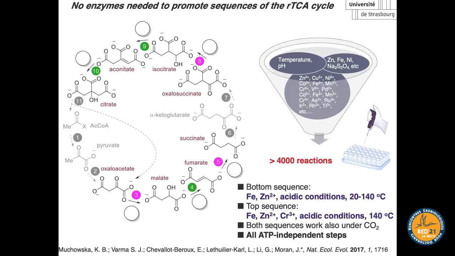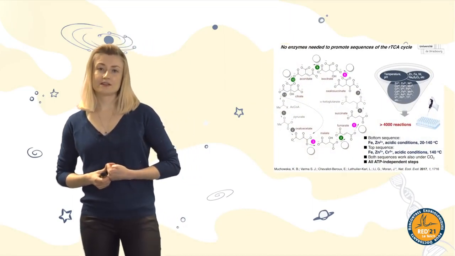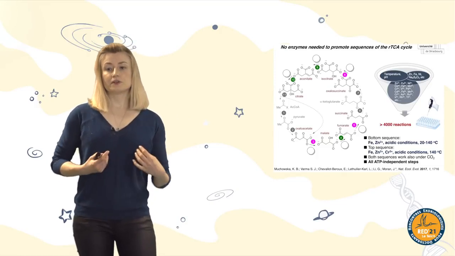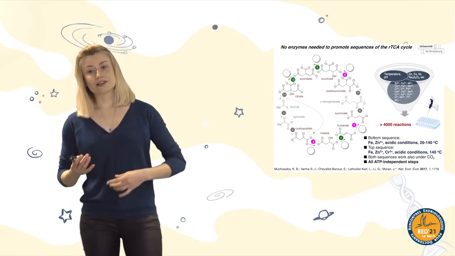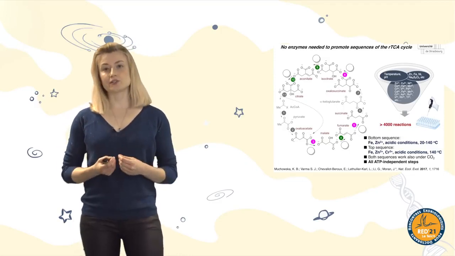So this sequence, you plug in the starting material oxaloacetate, you add all the catalysts, all the promoters, you wait, and at the end you get succinate. The same worked for the upper part of the cycle. So we started with oxalosuccinate, which then becomes reduced to isocitrate, which then becomes dehydrated to aconitate, which then becomes rehydrated to citrate.